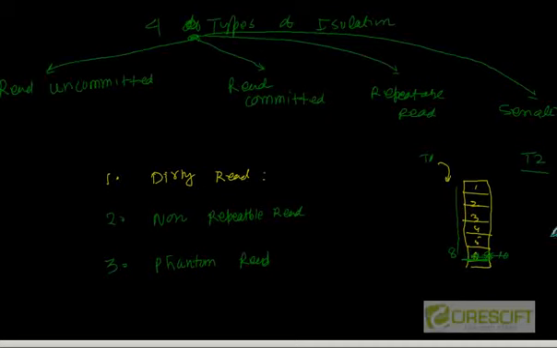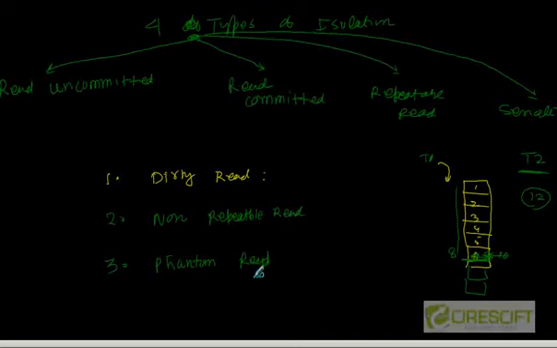Somebody might have inserted new rows. Say at time t1 I have only 10 rows, so when I select, I get 10 rows. After that, somebody inserts two more rows, so at time t2, when I run the same query, I get 12 rows. That is called a phantom read.